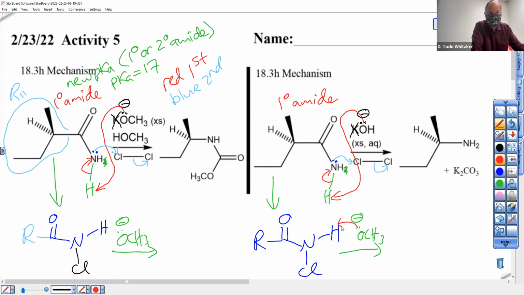And you're saying, wait, isn't that combining steps? And I say, no. You can do resonance in any mechanism. It's the same step. So I'm resonating all the way to the more stable O minus. N minus is not as stable as O minus. We know that from many moons ago.